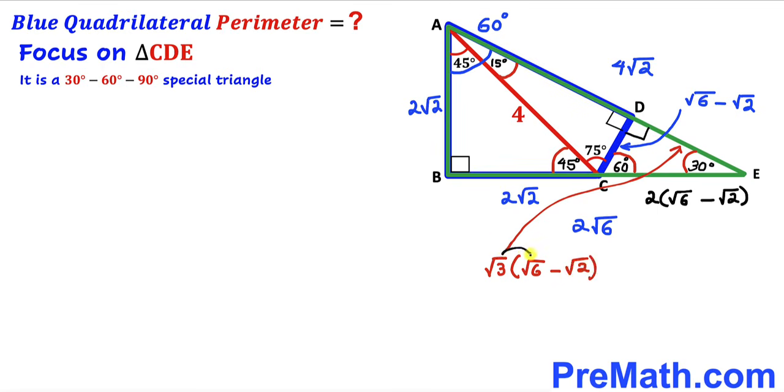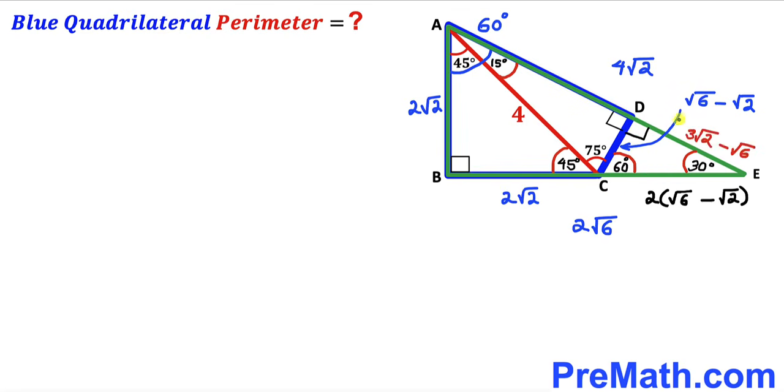And now let's go ahead and distribute, multiply. So when we multiply this, that is going to give us 3 times the square root of 2 minus the square root of 6. So thus this side DE length turns out to be 3 times the square root of 2 minus the square root of 6.